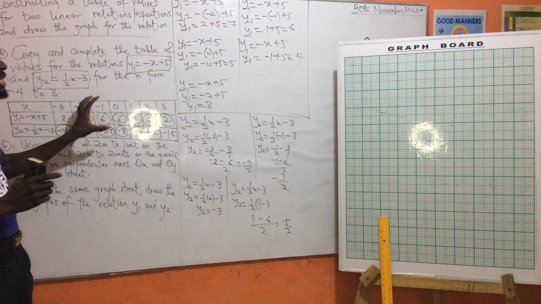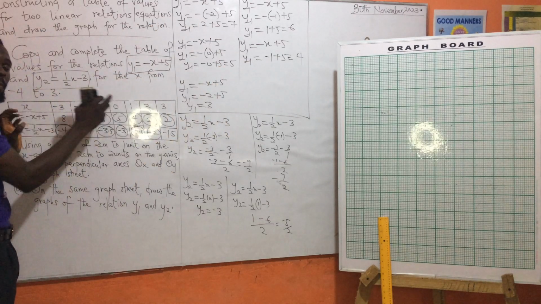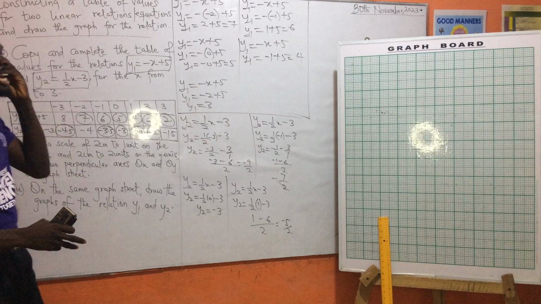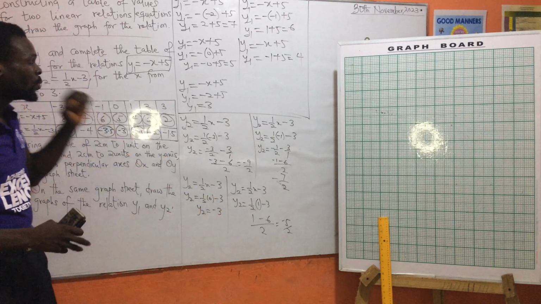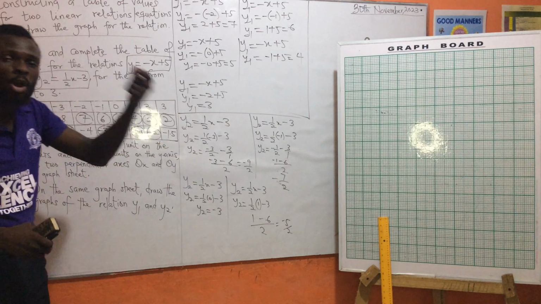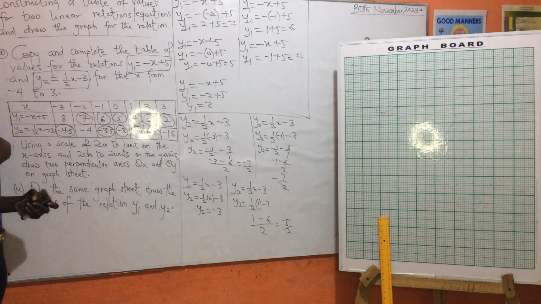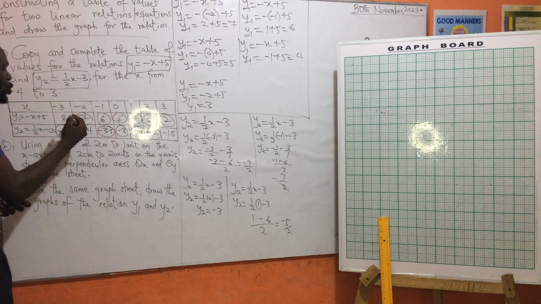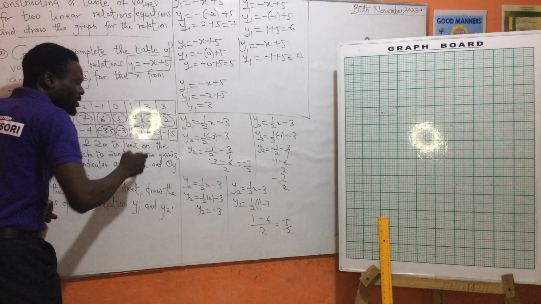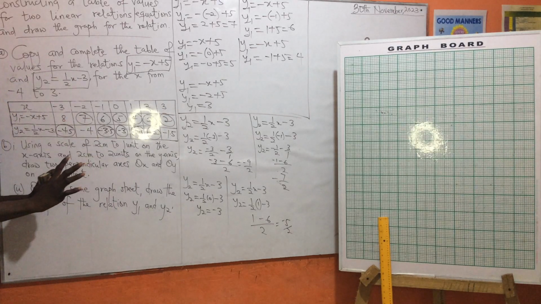But because of the space we don't have, we just complete without copying. When it comes to exam purposes, we have to copy the table, then complete. When you are completing, all the numbers that you solve for or determine, you are going to circle. Those are the numbers you solved for.